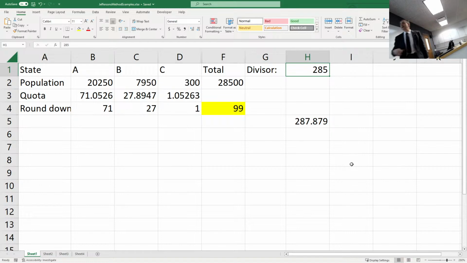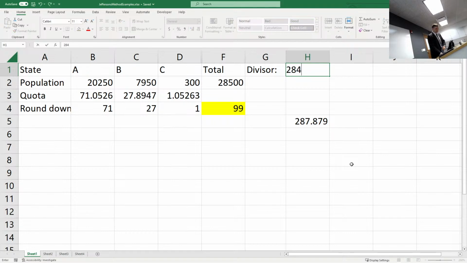The reason mathematically that this favors big states is that as you change the divisor, it affects this quota much more than it affects this quota. Let's do this with the numbers up here. As I change the divisor, it's 285. If I change to 284, notice that right now we have 1.05 and 71.05.